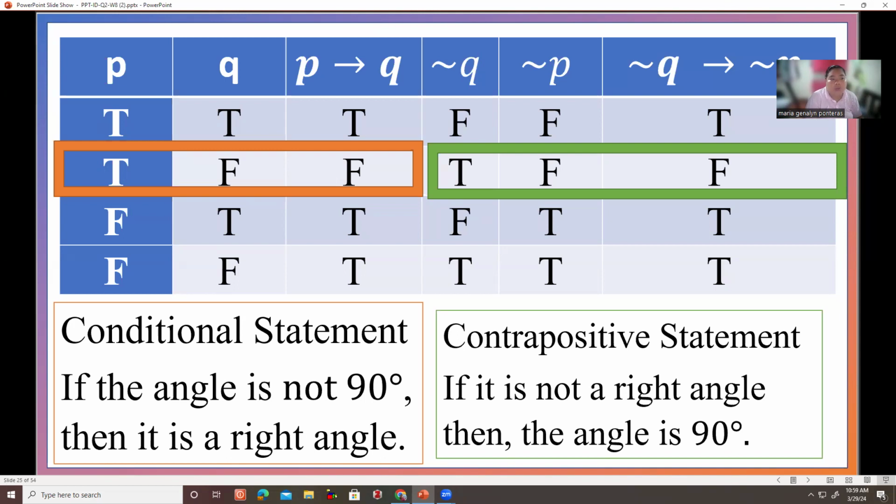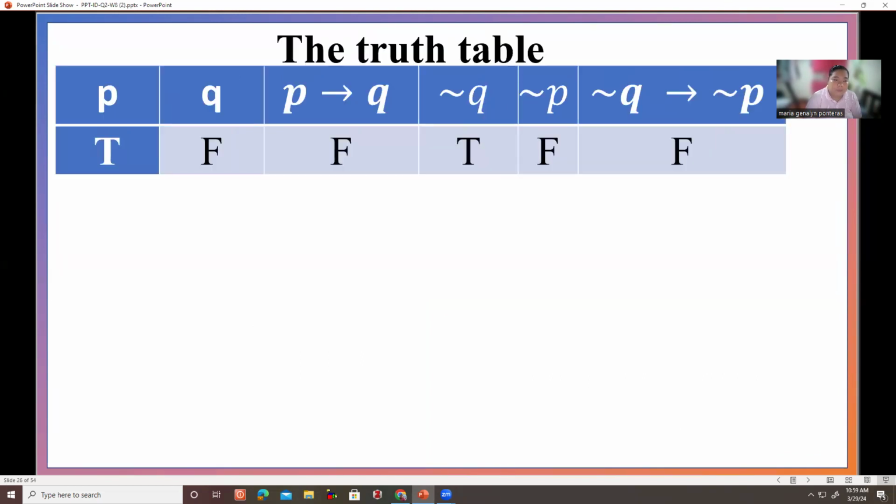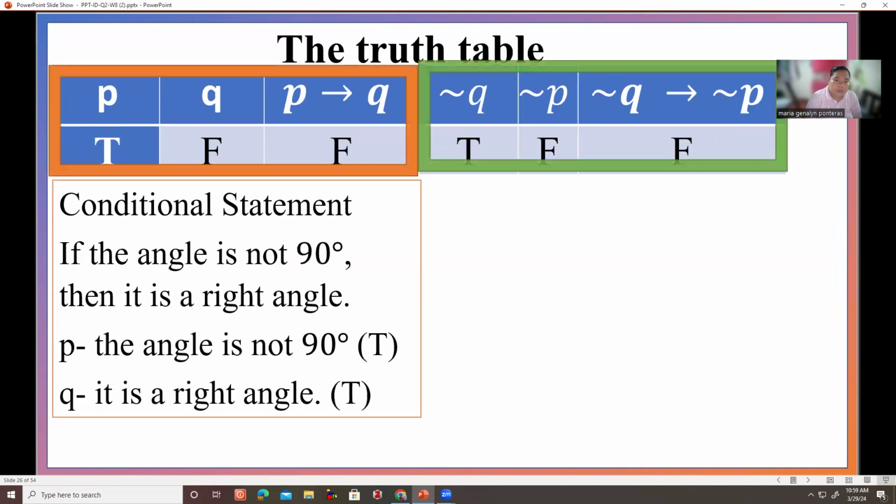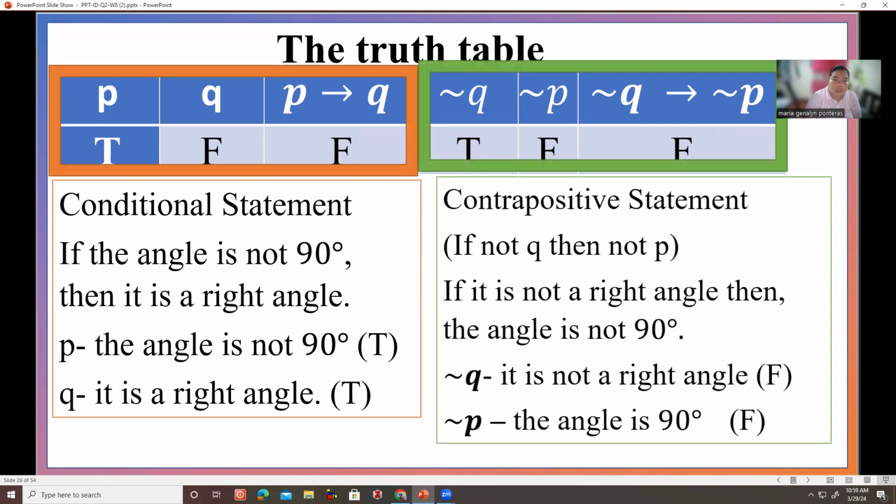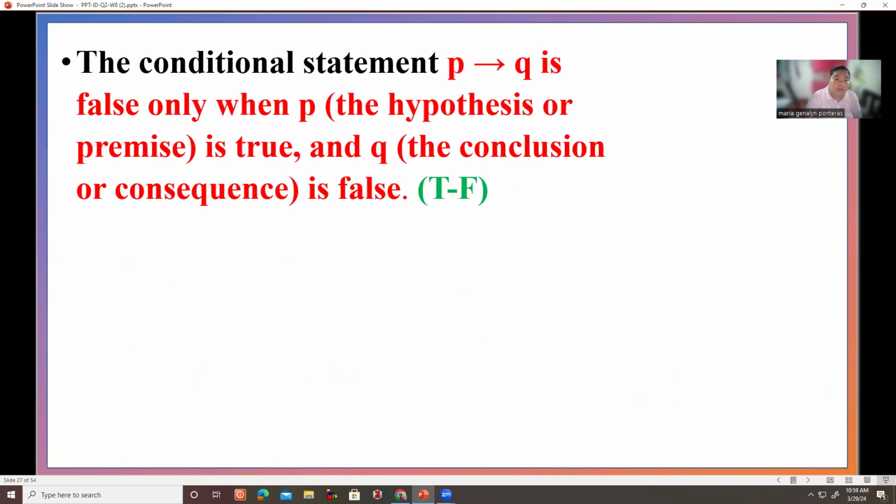If P is true but the conclusion is false, P implies Q is false. In the contrapositive statement, since not Q becomes the hypothesis, so true, and not P becomes the conclusion, so false. Therefore, not Q implies not P is false.